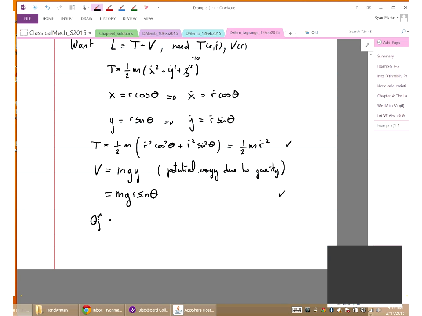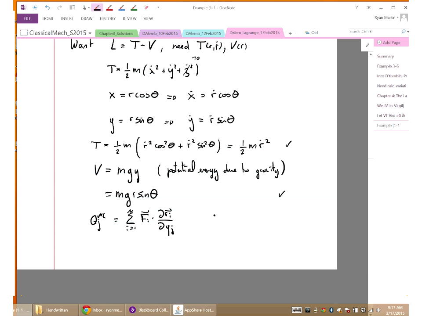So finally, we need Q_j from the non-conservative forces. That's the sum from i equals 1 to capital N of our non-conservative forces F_i times dR_i vector by dq_j. All right, there's only one q_j, right?